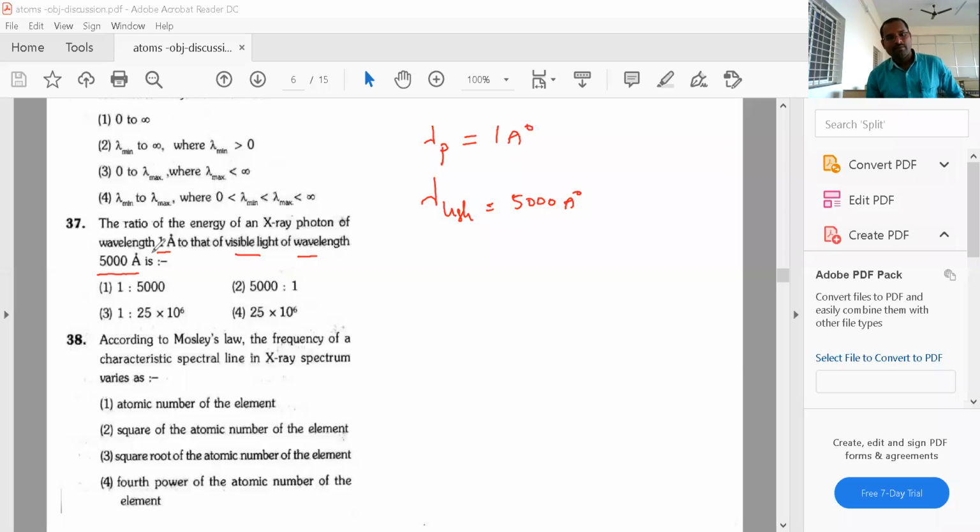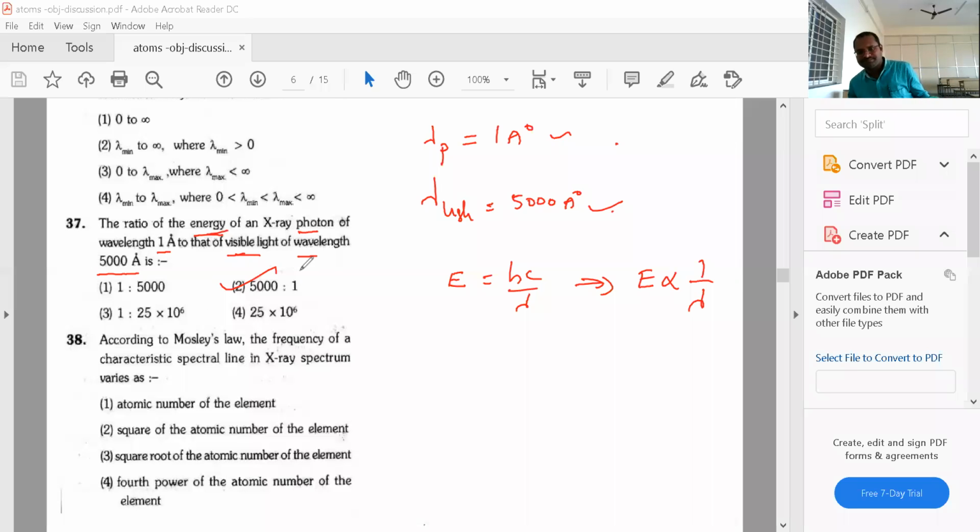What they are asking is the ratio of energy. Energy is equal to hc by lambda, which means energy is inversely proportional to wavelength. They want the ratio from photon to visible light, so you will get 5000:1.